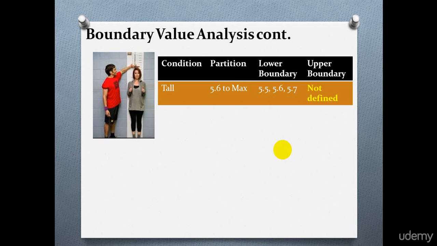The maximum value accepted by the system is left undefined because there is no established height limit which would categorize a person to be tall. In this case, the upper boundary value is not defined.